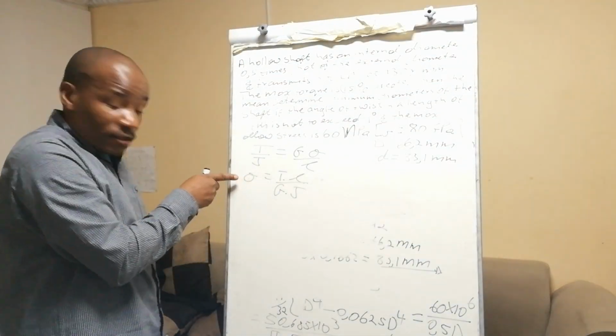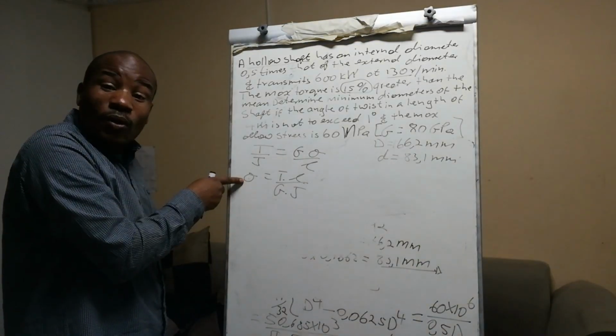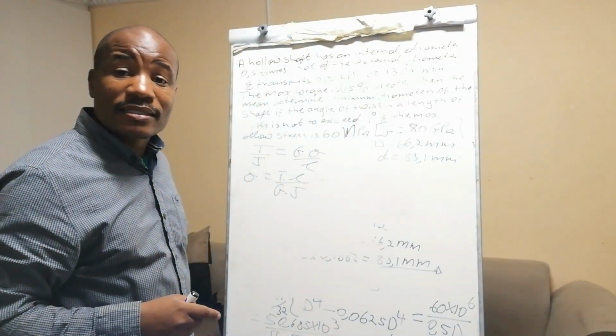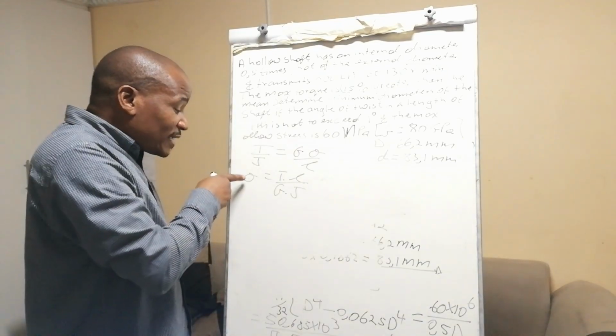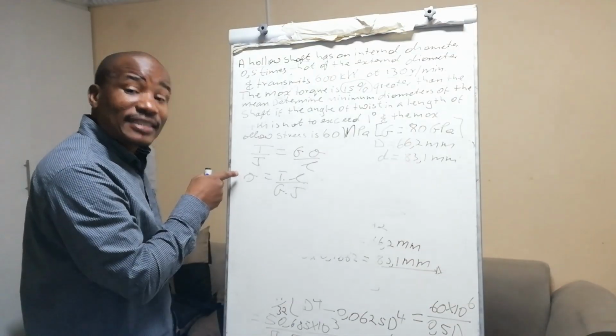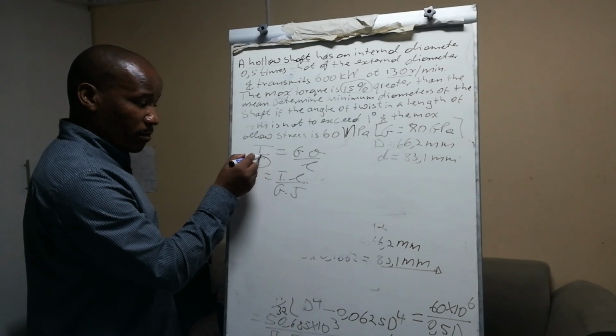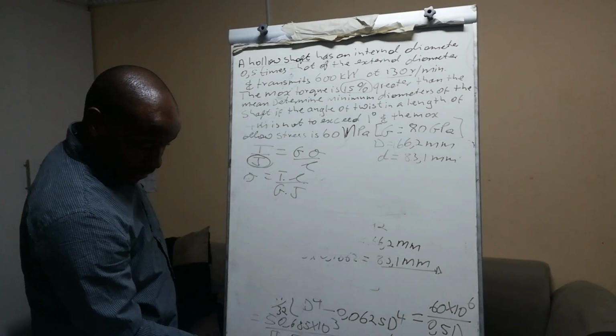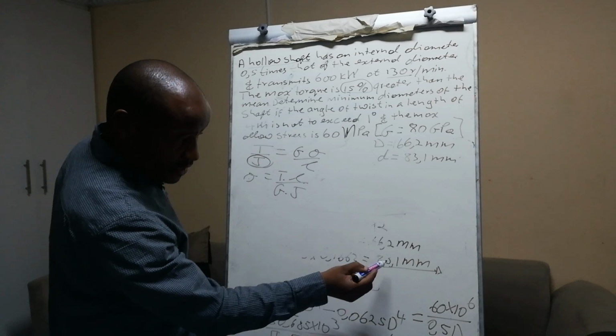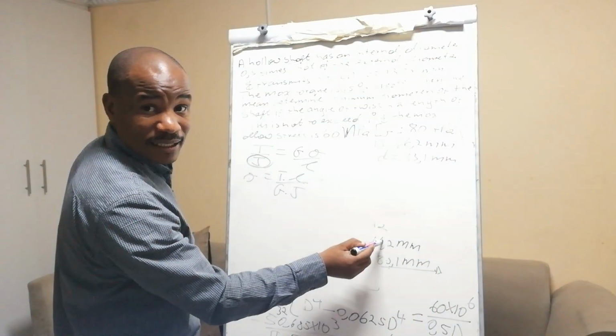This angle is going to exceed 1 degree, if the polar second moment of area is calculated with these diameters.